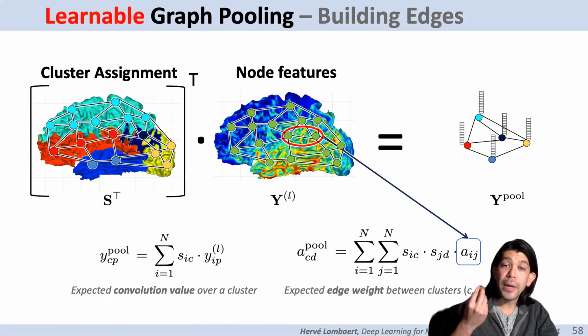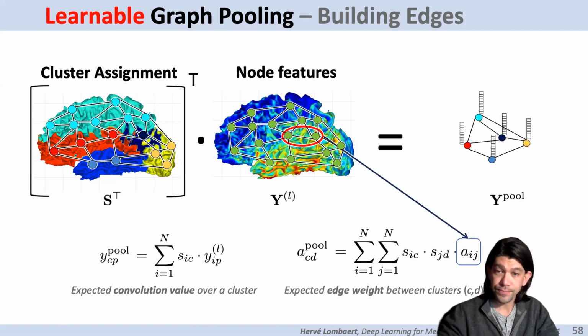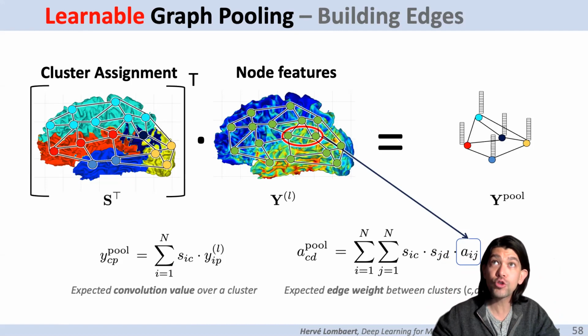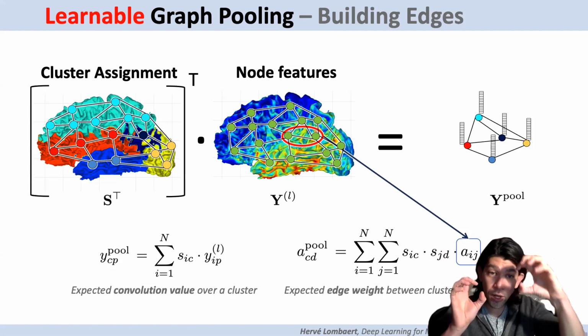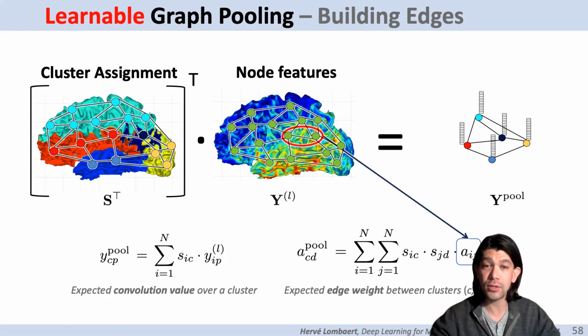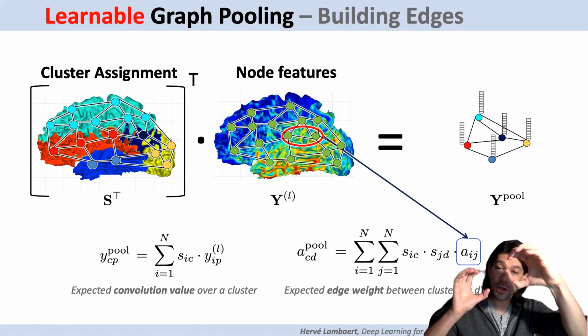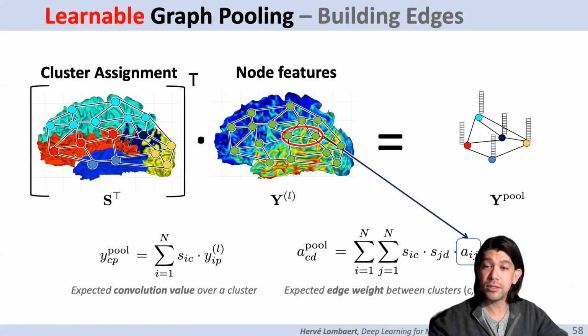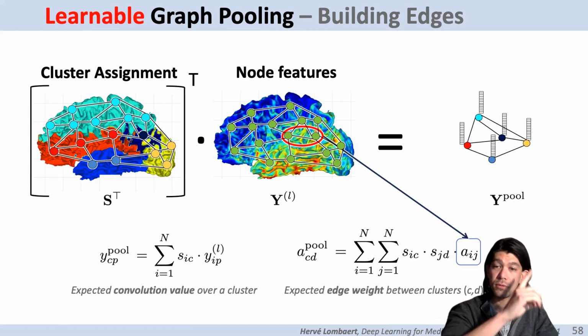So you try to learn the average edge weight between two clusters. If you have a cluster C and a cluster D, what is the average value of all the edge weights connecting them? That's one possible way to describe it.